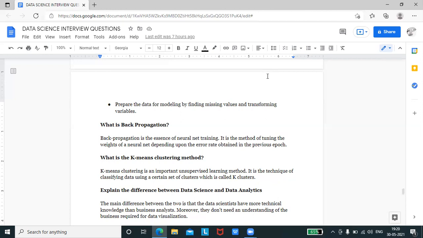So k-means clustering is an unsupervised learning algorithm that is used to solve the clustering problems in machine learning or data science. It groups the unlabeled dataset into different clusters. Here, K defines the number of predefined clusters.